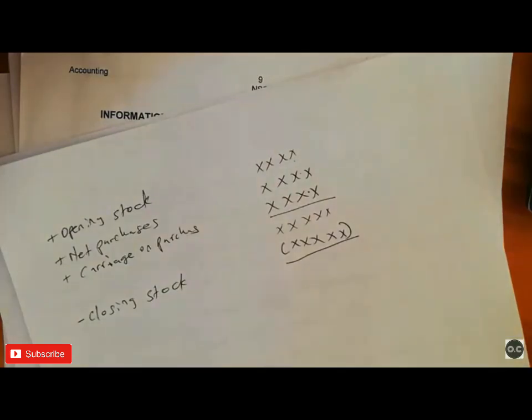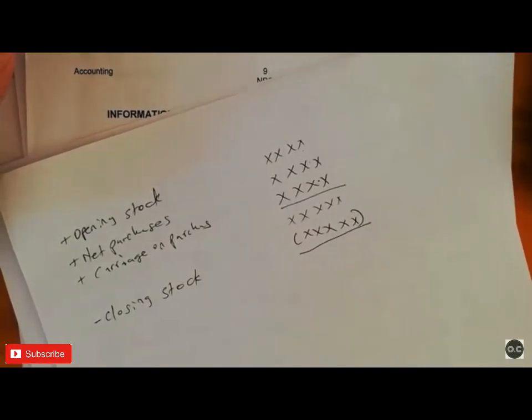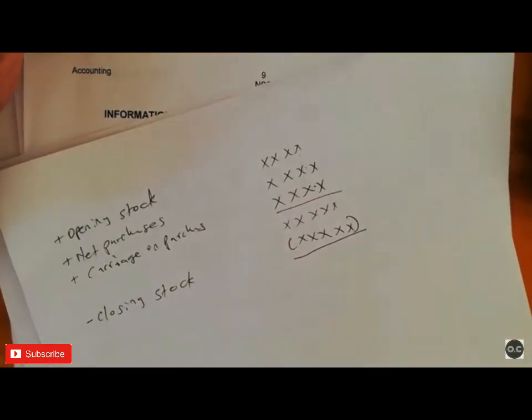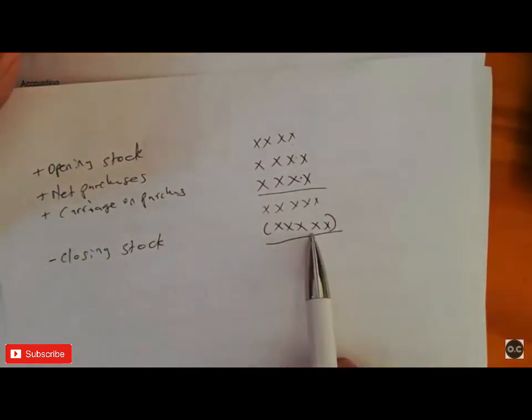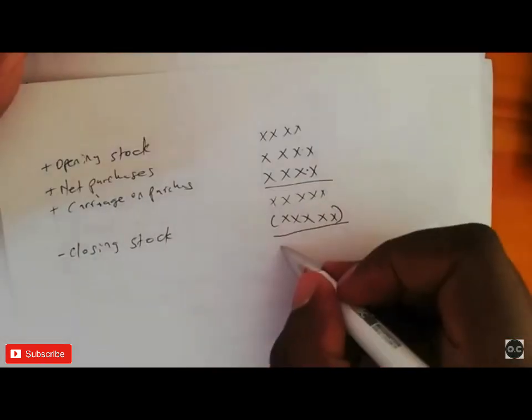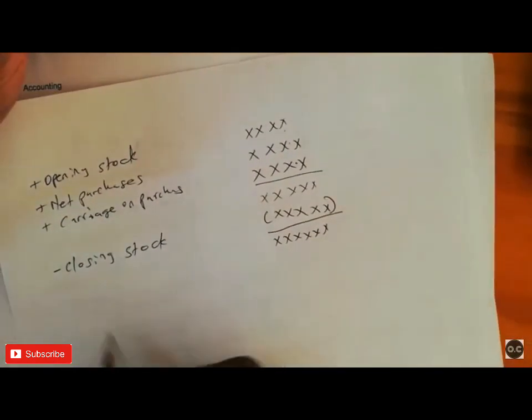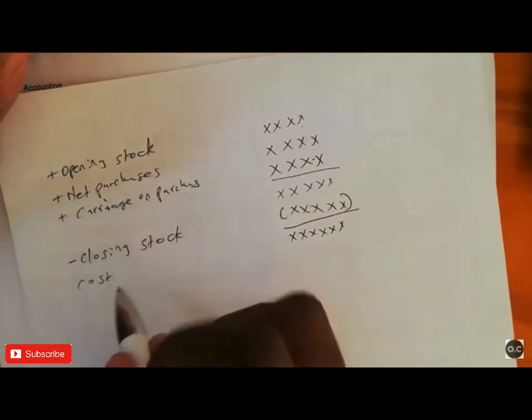You take all the stock you had during the year and subtract the stock you have at the end of the year. Whatever value you get is the value of the stock you actually sold, and that is what you call your cost of sales.